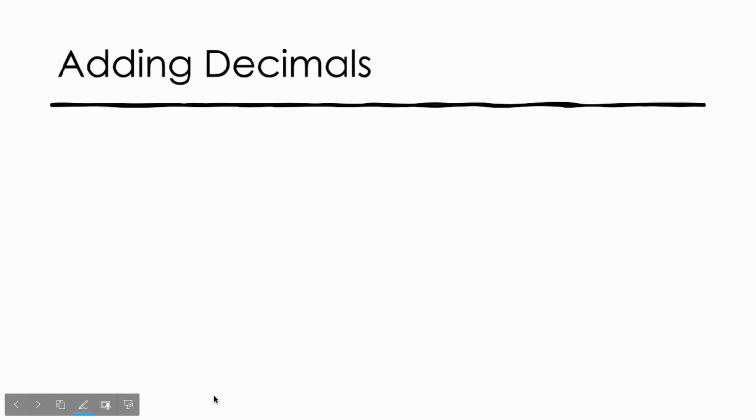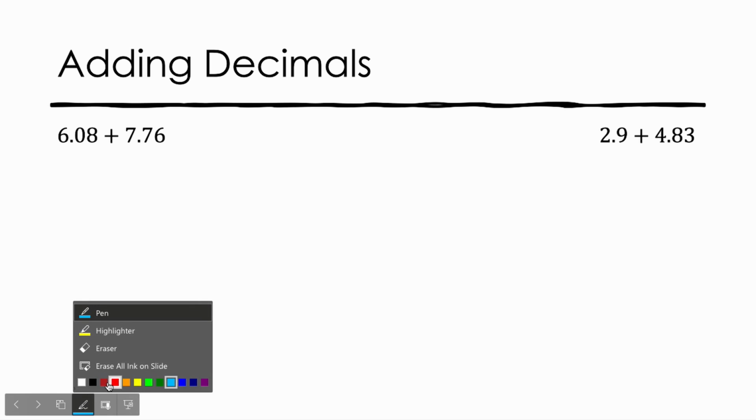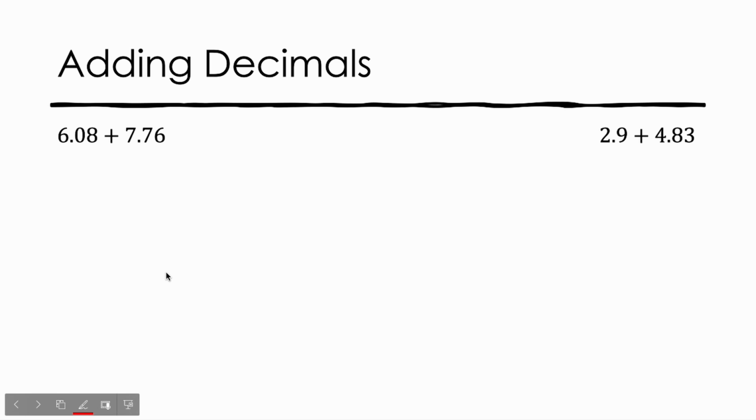So let's try some. Let's take the first one: 6.08 plus 7.76. So let's lay this out like we would do it normally.